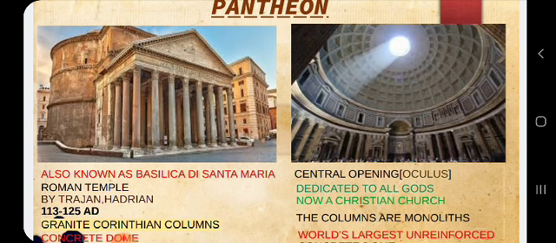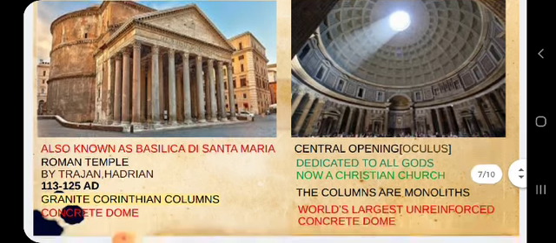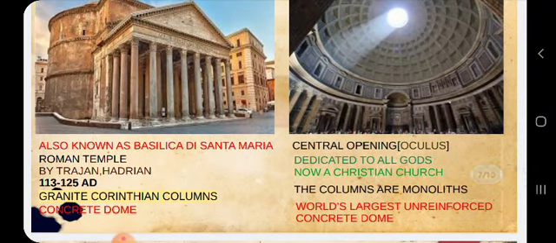But later on, I think during the Byzantine Empire, it became a Christian church. Now it's a Christian church, but it was like the Hindu temples in India, dedicated to all gods. And it's named as the world's largest unreinforced concrete dome.